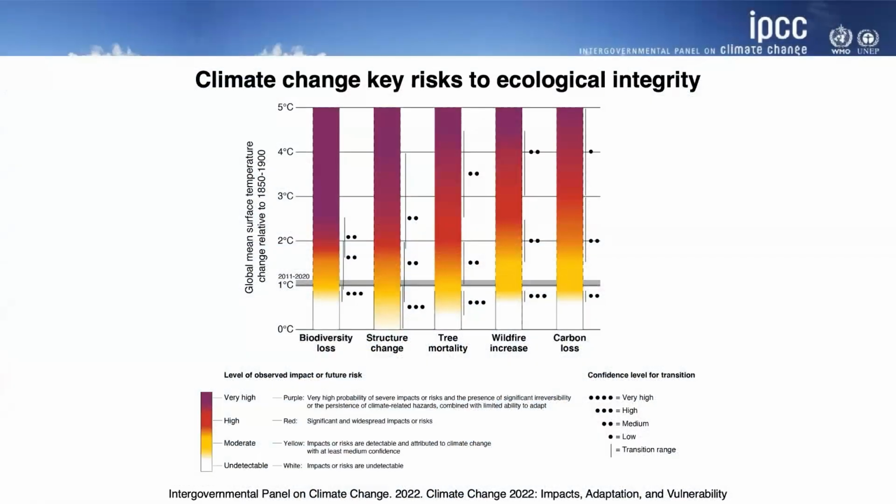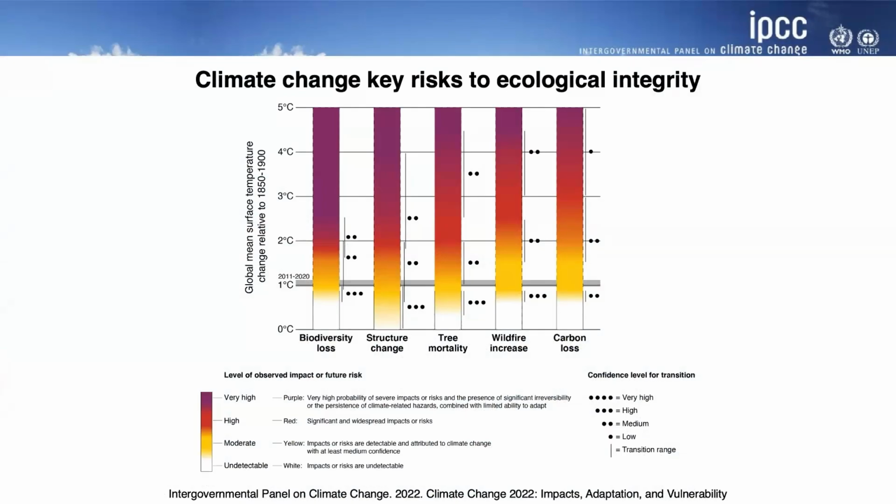So colleagues and I identified 5 key risks to ecosystems under climate change: biodiversity loss, structure change, that's like biome shifts, tree mortality, wildfire increase, carbon loss.